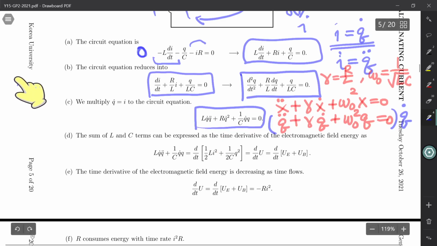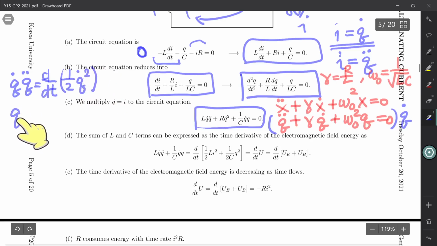And we remember Q dot Q double dot equals the time derivative of 1/2 Q dot squared, and Q dot Q is the time derivative of 1/2 Q squared.